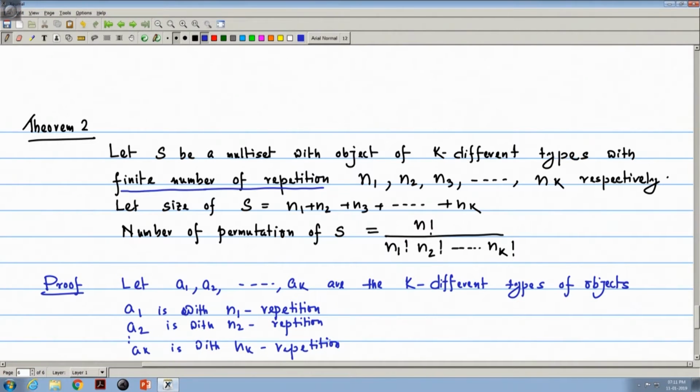Then say I have to take k different types. Now first we choose the A1 objects.